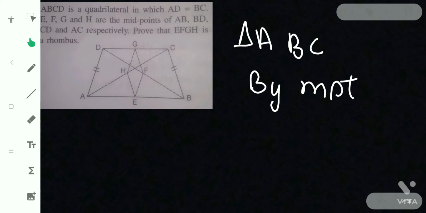Here in triangle BDC we are having G is midpoint of DC and F is midpoint of DB. Now again a line is drawn, so by midpoint theorem GF will be equal to half of BC and GF will be parallel to BC.